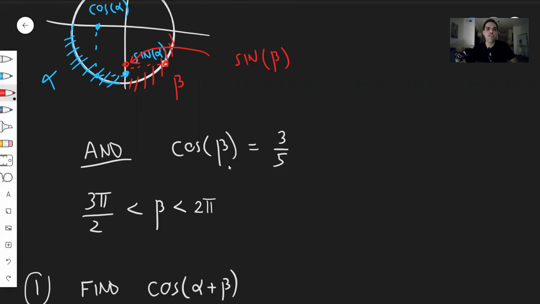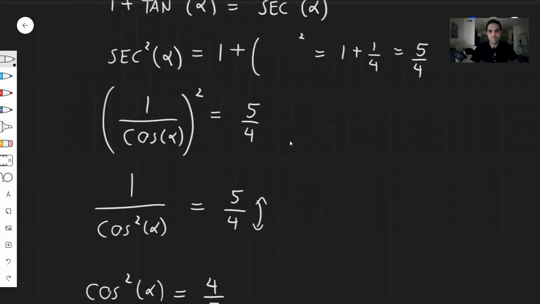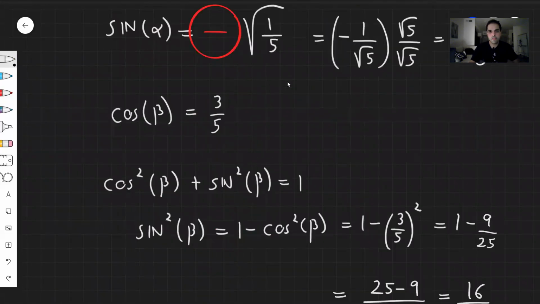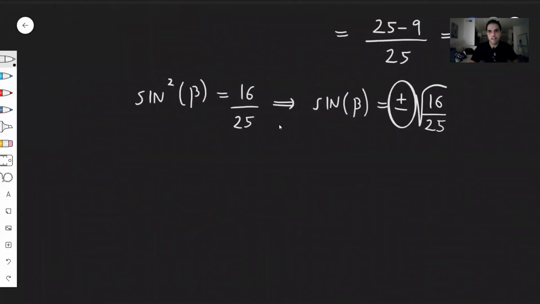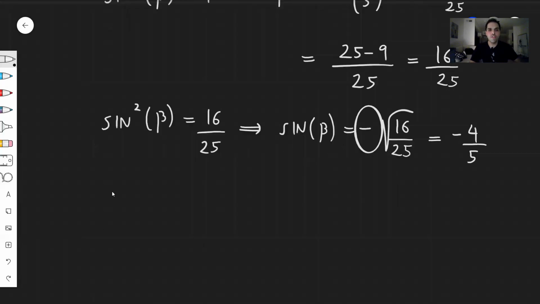So it's negative, but careful, cosine is positive because we are in this region. So in particular, the answer is again negative. So it becomes negative square root of 16 over 25, and that becomes negative 4/5. Good. So now we have all the components and we just need to solve the problem.